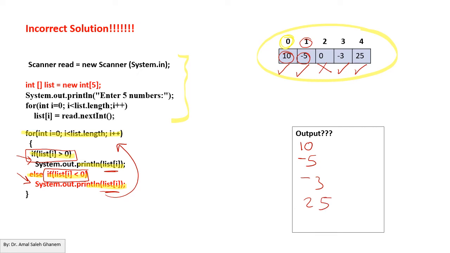If the question was saying you have to output all the numbers but not 0, this would be a solution. But our question was saying go through your elements and output only the positive. When you finish, you have to output the negative. That's why I should have two separated for loops.